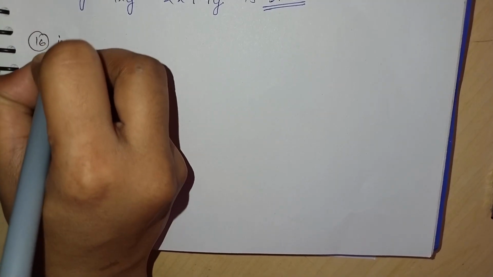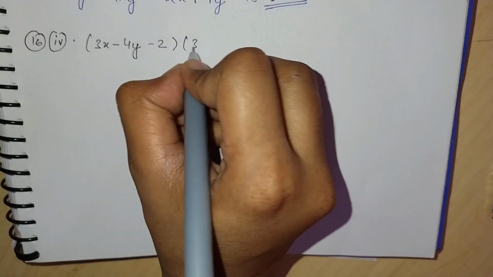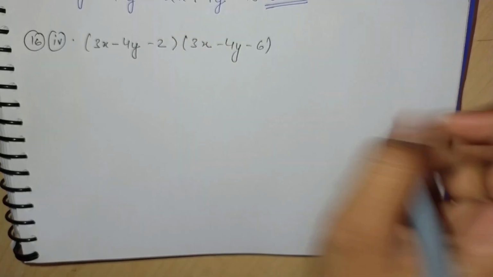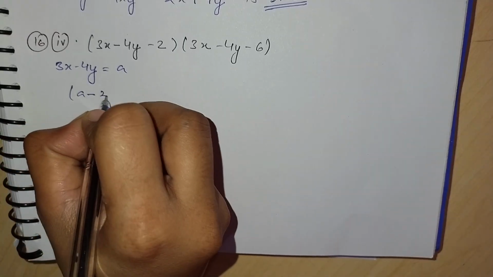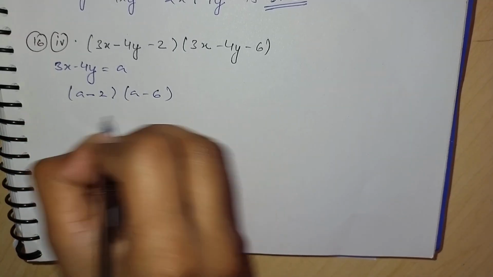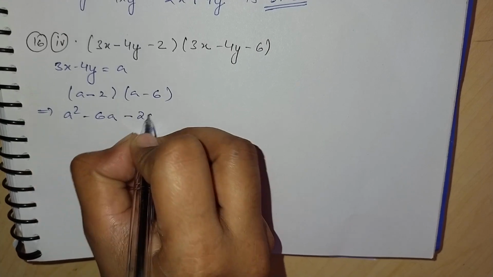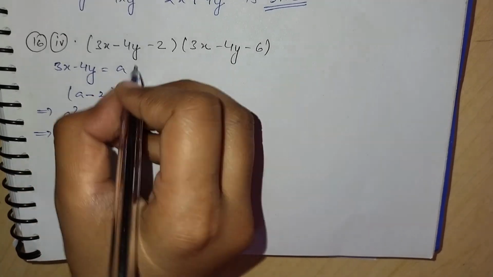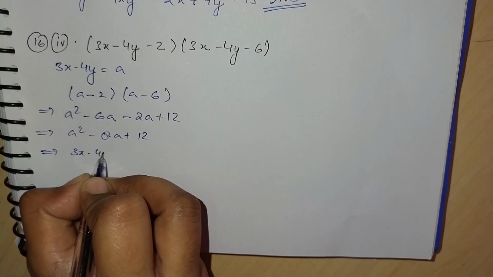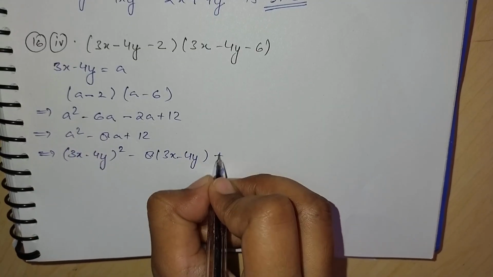Now 16th fourth question is 3x minus 4y minus 2. Here 3x minus 4y minus 6. Putting 3x minus 4y equal to a, we will get a minus 2 and a minus 6. So let us solve. A square minus 6a minus 2a plus 12 equal to a square minus 8a plus 12. Putting the value of a in this, we get (3x minus 4y)² minus 8(3x minus 4y) plus 12.